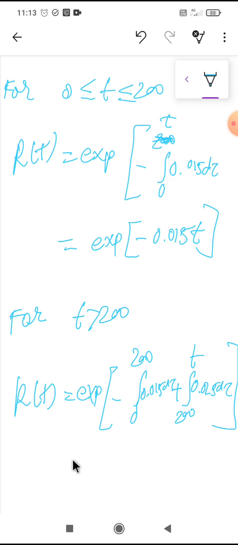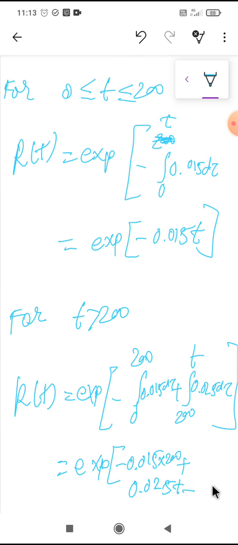Now if I solve this, what I will get is the exponential function of minus, bracket, 0.015 into 200 plus 0.025 into t minus 0.025 into 200.